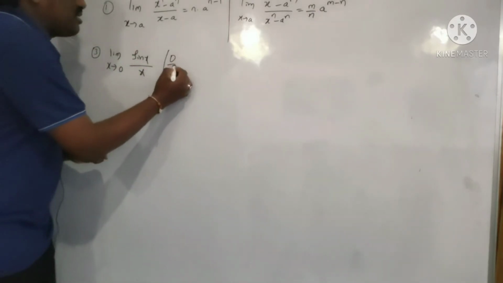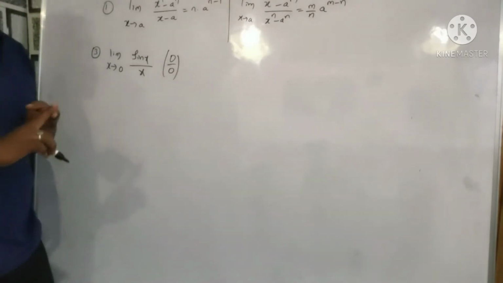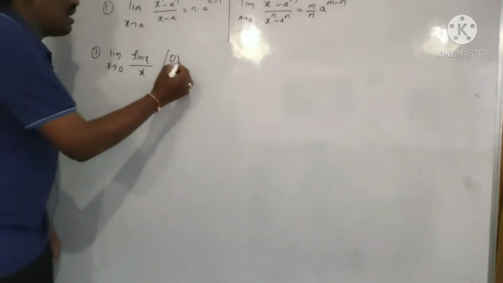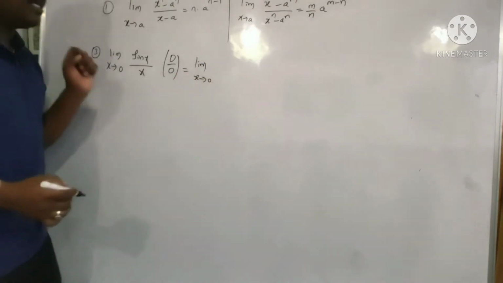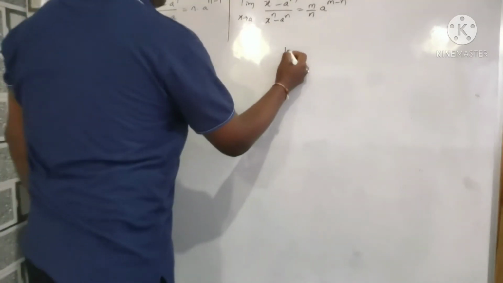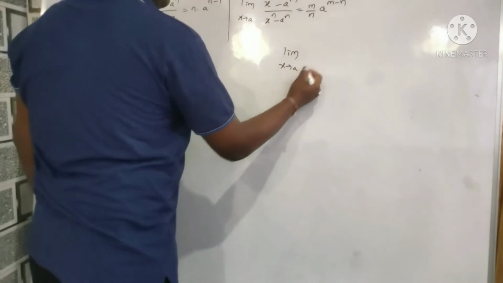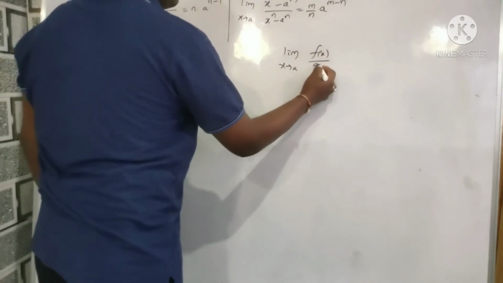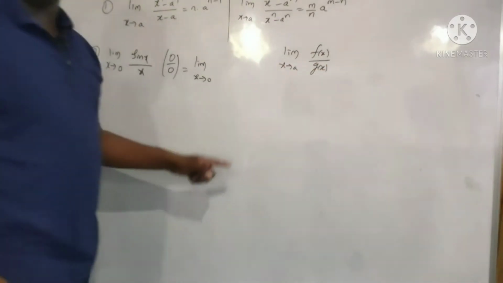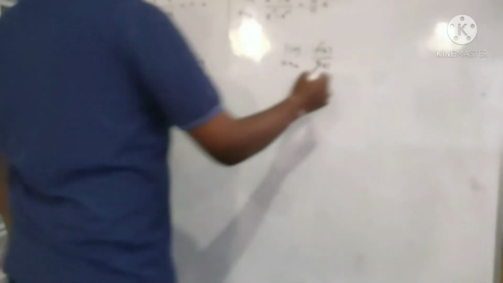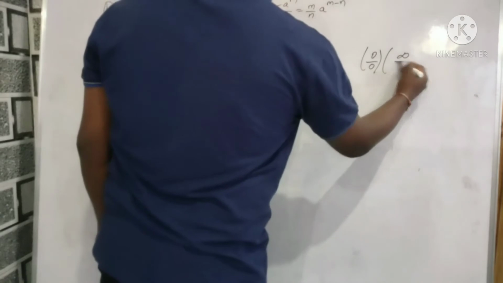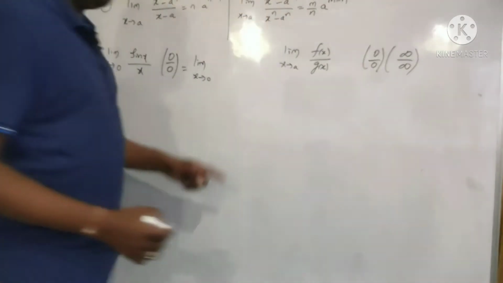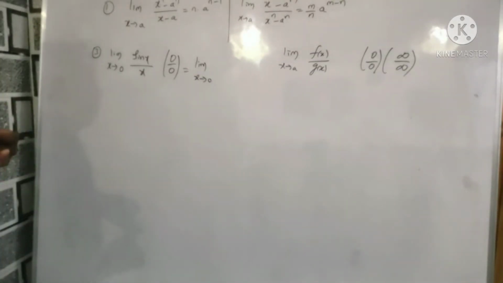So whenever you get 0 by 0 form, we can use L'Hopital rule. What does L'Hopital rule say? Limit x tending to a, if we have f of x by g of x, and whenever you get 0 by 0 form or infinity by infinity form, L'Hopital rule will be applicable.